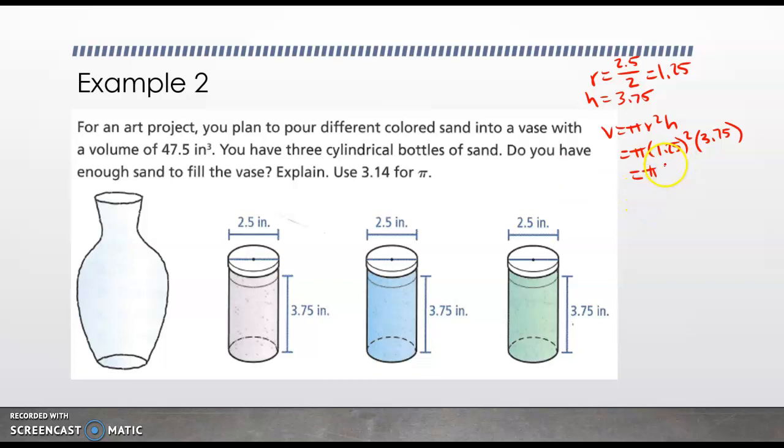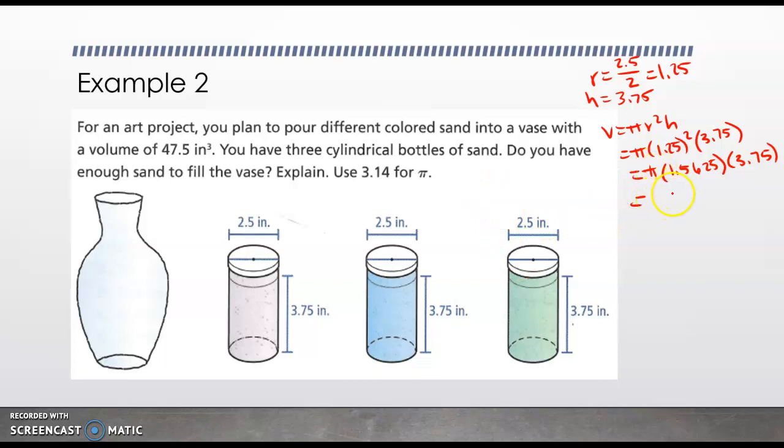Pi times 1.25 squared is 1.5625, and yes, I would keep all your decimals. If you just keep typing into the calculator, then when you did 1.25 squared, don't clear it, just hit times 3.75 for this next one, and it will keep all your decimals and you don't have to type them all in.